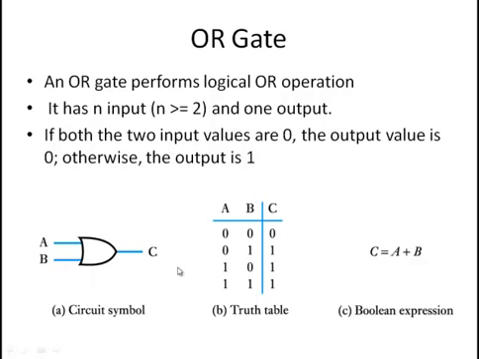This is the output. The truth table is formed by considering the different combinations of input, and C is then calculated from this expression. It is 0 plus 0, 0; 0 plus 1, 1; 1 plus 0, 1. This is the exceptional case, that is 1 plus 1, it is 1, not 0.